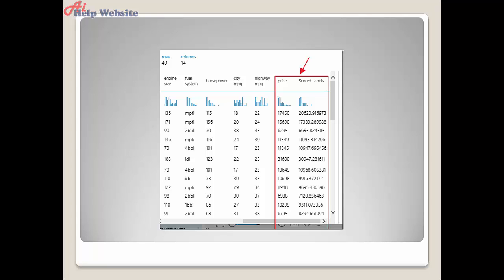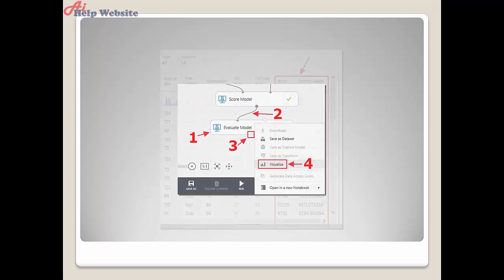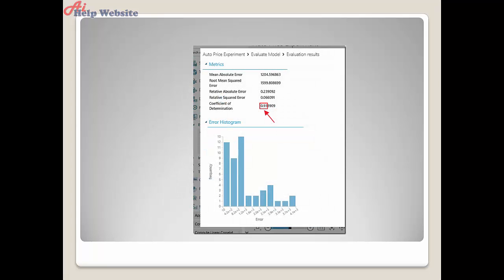However, we now want to fully evaluate the results. So we then drag and drop an Evaluate Model module to the workspace, click Run, and then visualize the results. Here, for a linear regression model, the coefficient of determination is one of your best indicators of its performance.